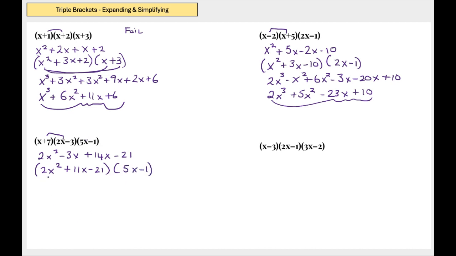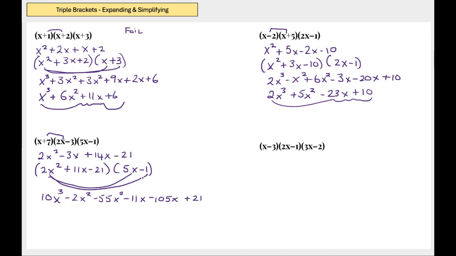Do the same. So I've got 10x cubed minus 2x squared minus 55x squared minus 11x minus 105x plus 21.